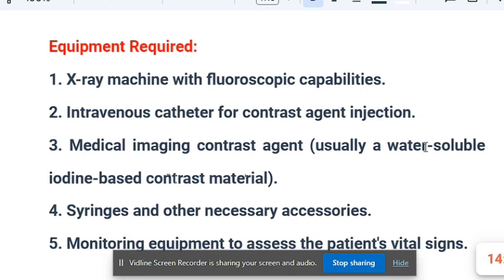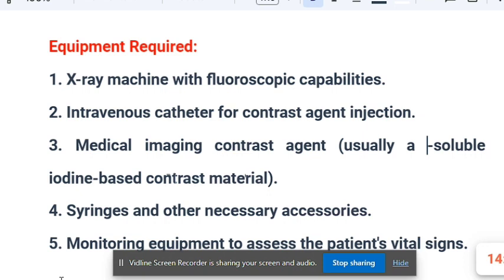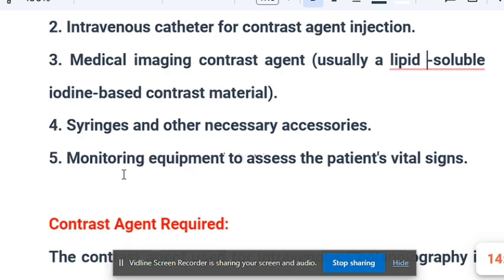No, you need lipid soluble iodine based contrast agent, means ionic contrast agent, a syringe, other necessary accessories, and monitoring equipment to assess the patient's vital signs.